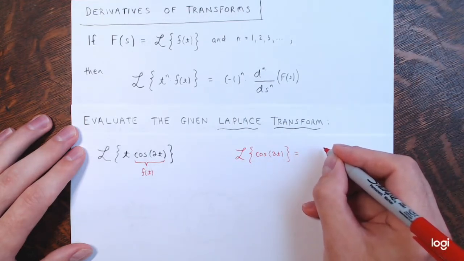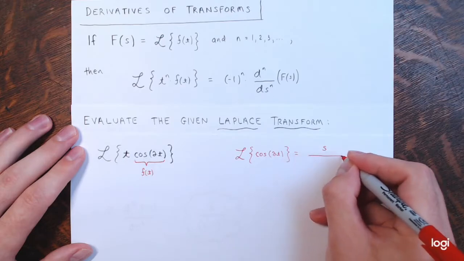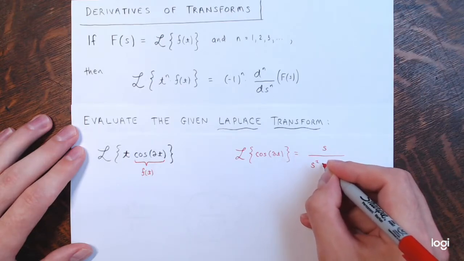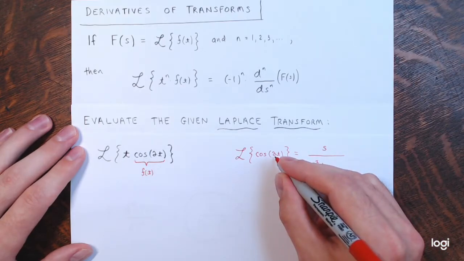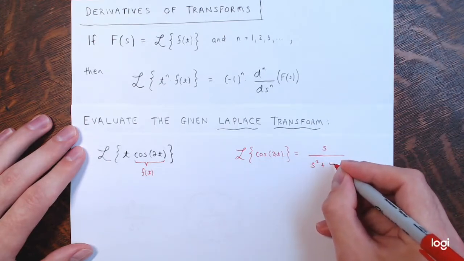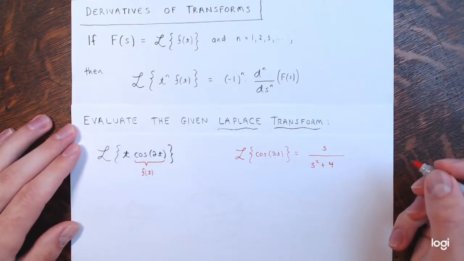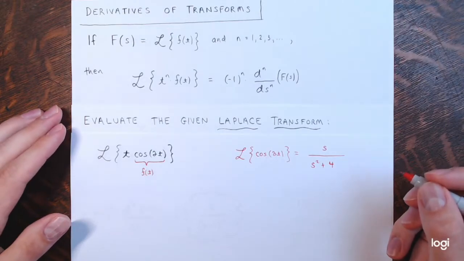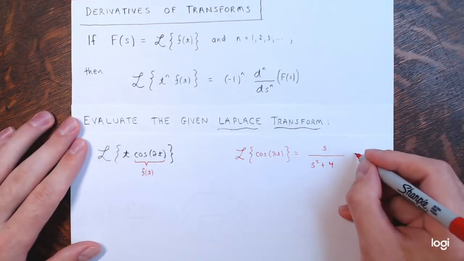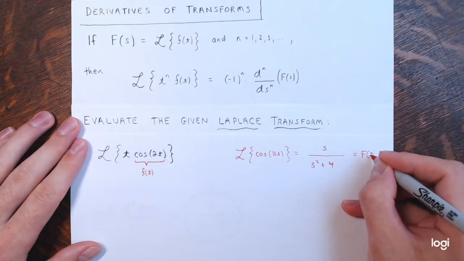Remember this is s divided by s squared plus 2 squared. The value of k from earlier is 2. So it's s divided by s squared plus 4. And this is the capital F of s.